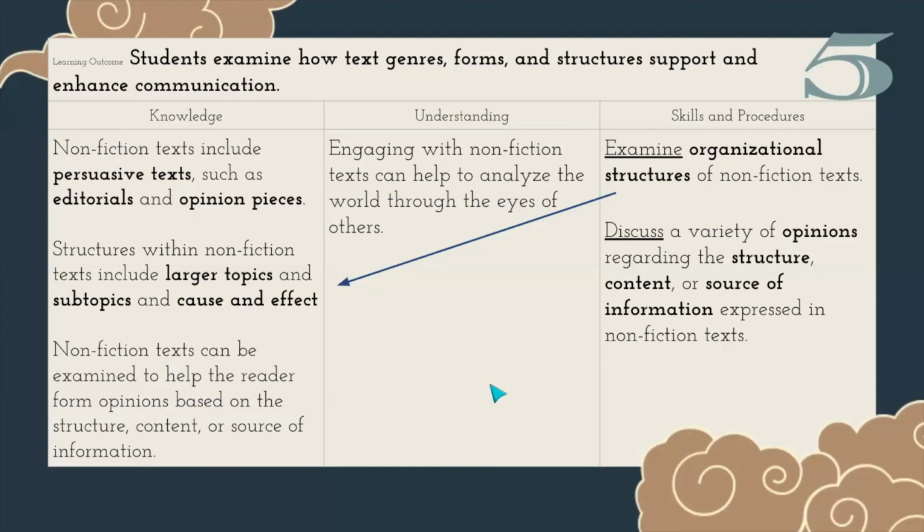And again, we're discussing the variety of opinions regarding structure, content, or source of information in a nonfiction text. So if we're looking at an editorial or an opinion piece, what are the parts that are opinion? What are the parts that are information? Where is that information coming from? So being critical viewers or consumers of text is part of the work in grade 5.